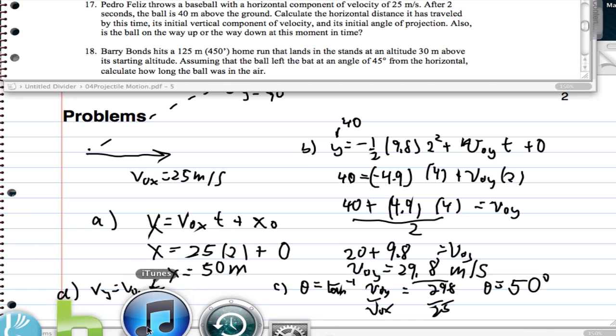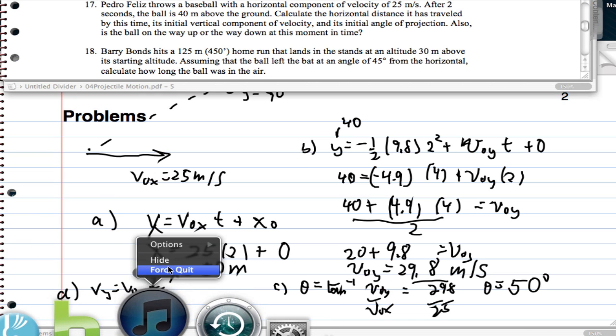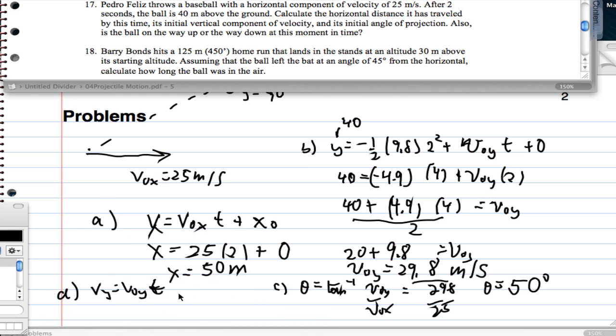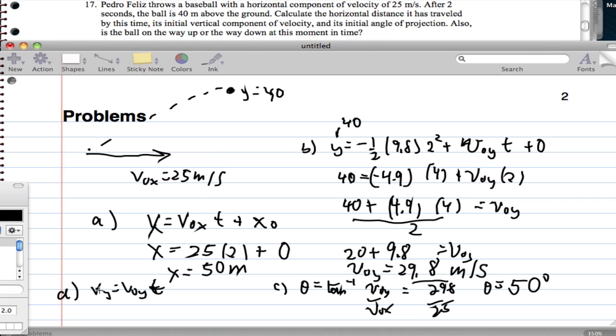Whoops, mistake, let's fix this. So we've got Vy equals negative gt plus V naught y. For V naught y, we're going to put 29.8. And for Vy, at the top, we want to see how long it takes to get to the top, so it's going to be 0. So let's go ahead and solve. g is 9.8 here.